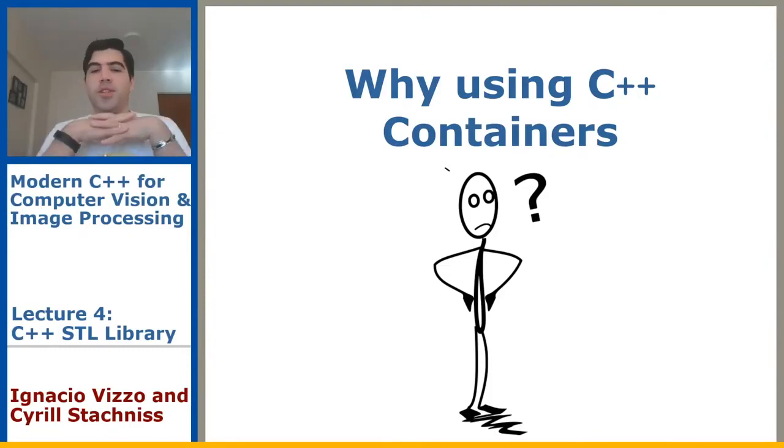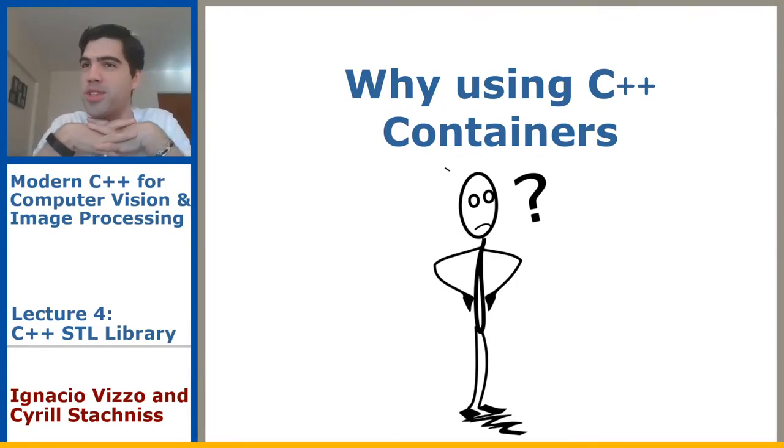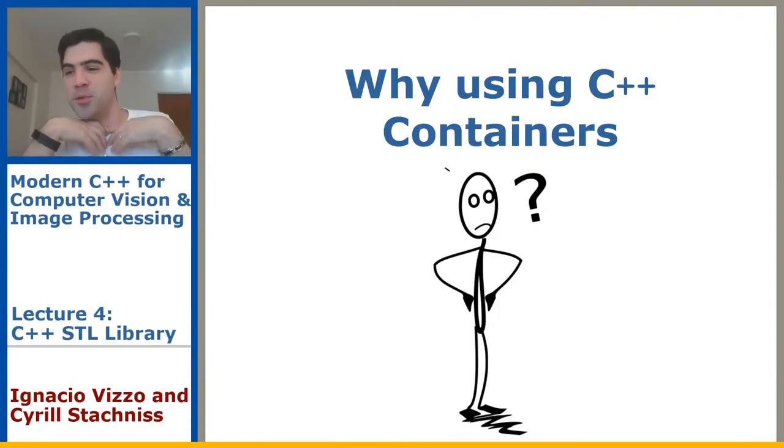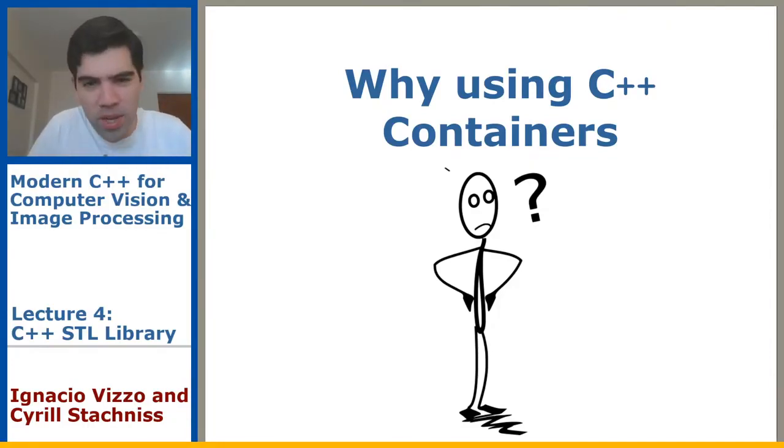One of the questions you might ask now is, why use a C++ container? C programmers will say, I can do everything with arrays, for example, right? And you might be confused about why you really need these containers. Maybe you can write your own data types.